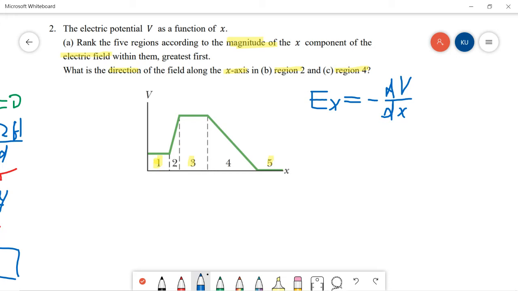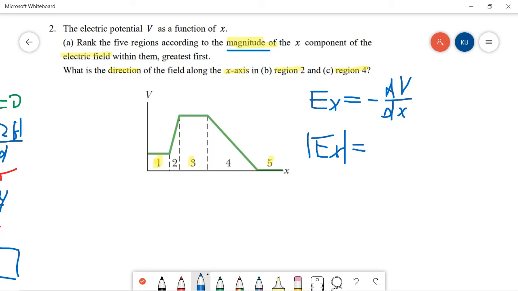So actually, in one dimension, you can simply write it like this. And when we consider the magnitude, which means that we take the norm or the absolute value of a component, because magnitude is always non-negative. It can be 0, it can be positive, it can never be negative.